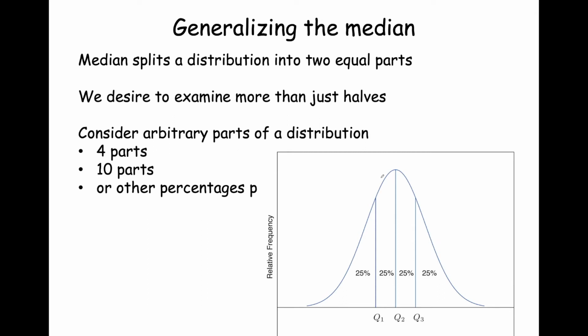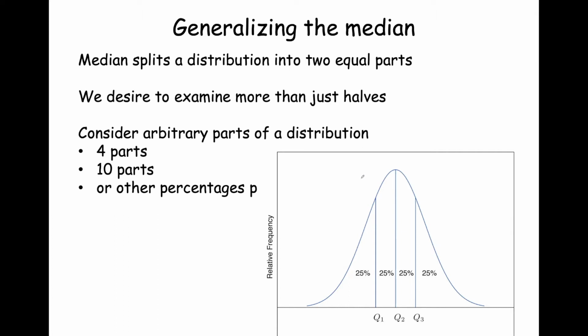Now, we can generalize this notion of the median. We said the median splits a distribution into two equal parts, and if you were to take the area under the curve for the probability distribution split in two equal parts, each one would have a probability of 0.5, 50%. But in many cases we want to look at more than just halving the probability mass.